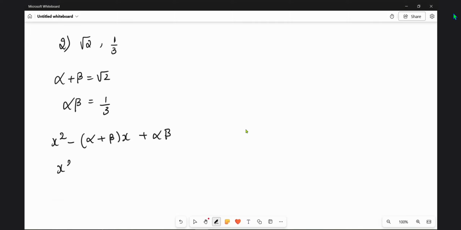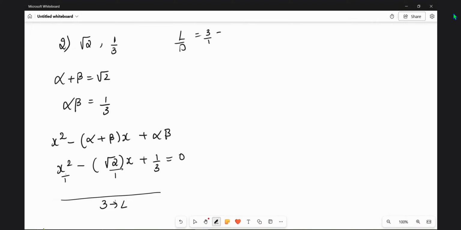So x square minus root 2x plus 1 by 3. Now this is equal to 0. Again, listen once. LCM will be what? LCM will be 3 here. Correct? Here denominator is 1. This is also 1. So LCM by the denominator, L by D will be what? 3 by 1 is 3.